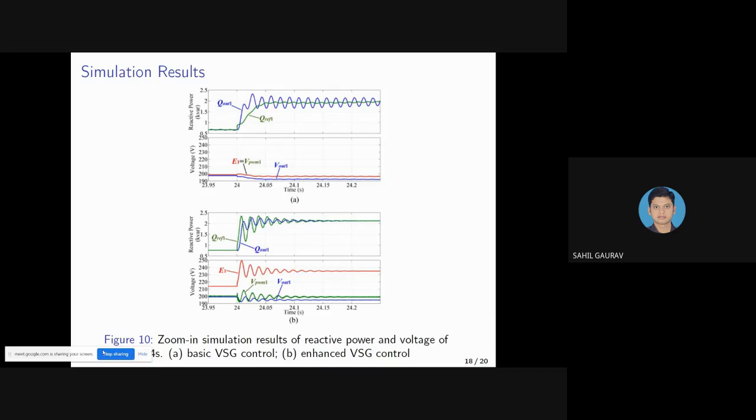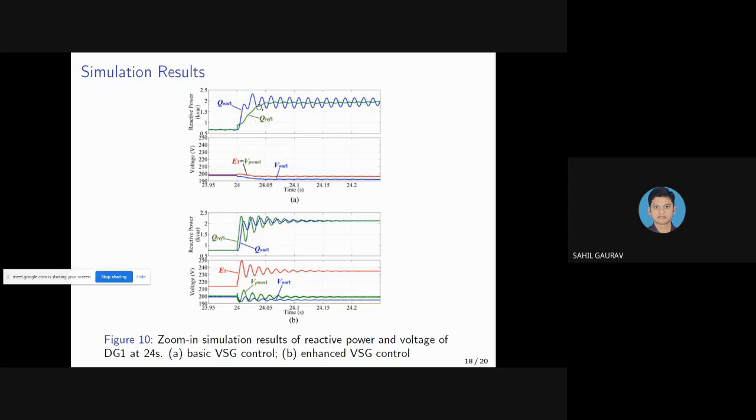And we see the zoomed-in simulation result of reactive power and voltage of the distributed generation at 24 seconds, so we get more concise results. The first one is for basic virtual synchronous generator control, and the second one is for enhanced virtual synchronous generator control.